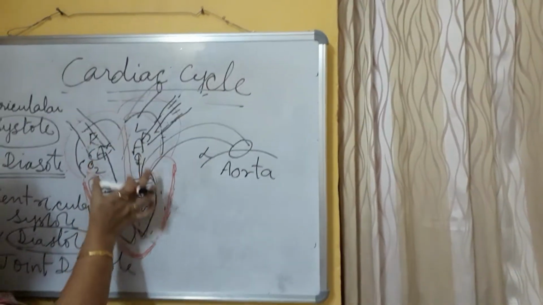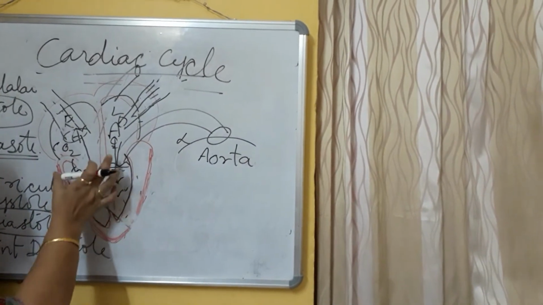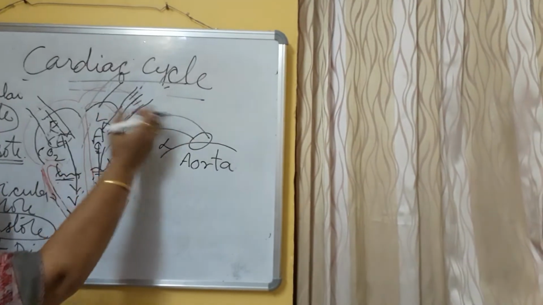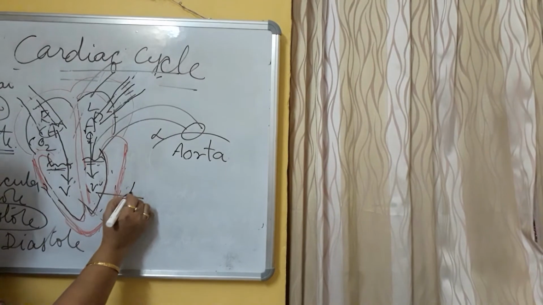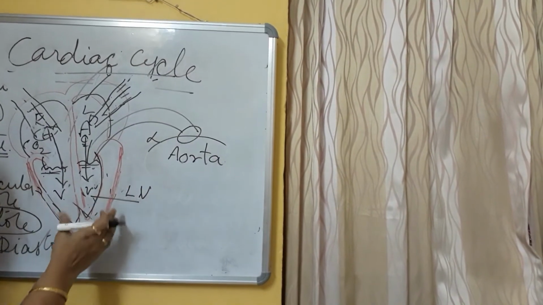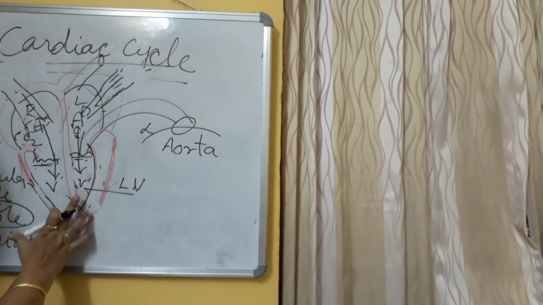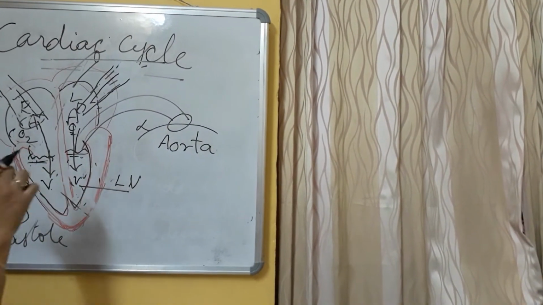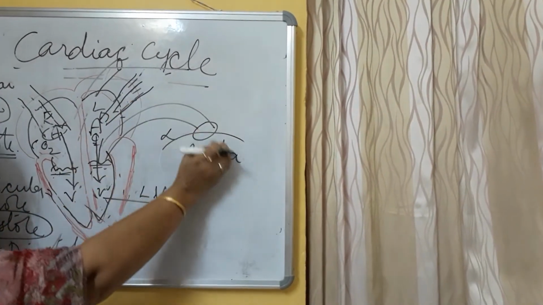From the auricles to the ventricles the place is near, so the blood flow goes to a near place. But from the ventricles to outside the heart, especially this left ventricle needs to use very high pressure. Why does the left ventricle have to use very high pressure? Because with one jerk, with one systolic condition, the whole blood has to reach the aorta.